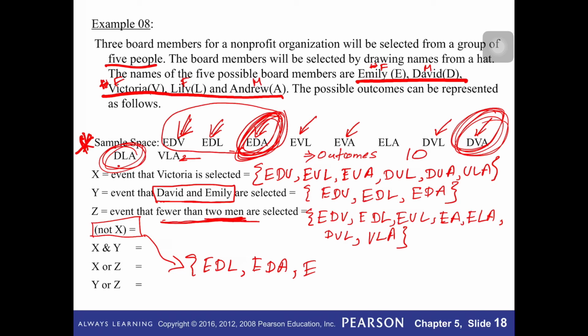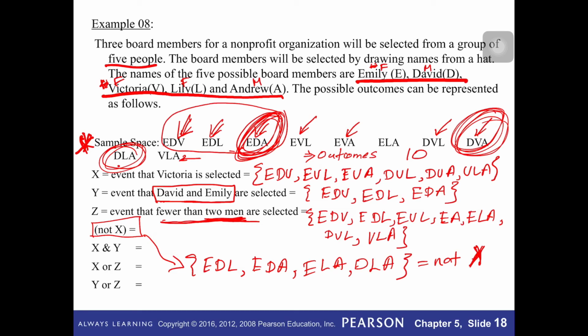EVA is also here, ELA is not there, then DVL is there, DVA is there, DLA is not there, right? So please check this one. This is not X, which means all possible outcomes without X.